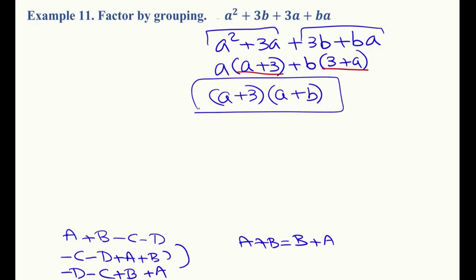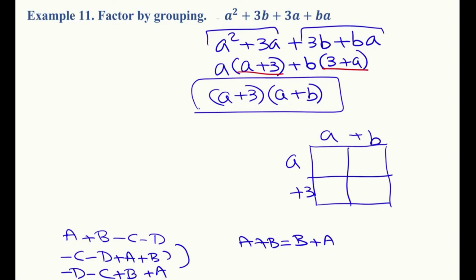Okay? If you want to check it, you can always check it, like just multiply it out. So let's use a table to do that. Remember those tables? So we have A plus 3, A plus B. If we multiply it out, what do we get? We get A squared plus AB plus 3A plus 3B, right?